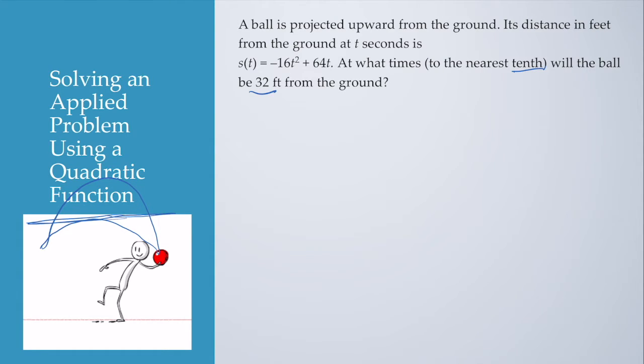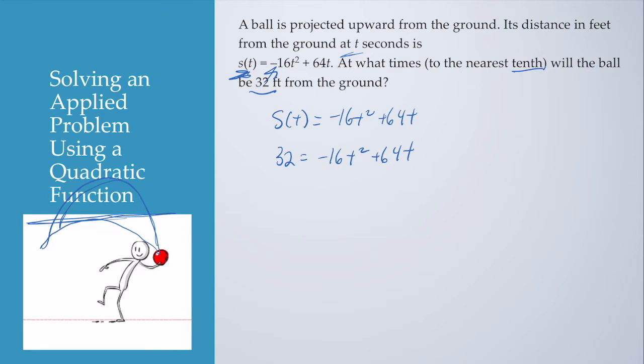So I have S of t is negative 16t squared, right? It's got a negative coefficient, so I know this parabola is opening upside down, plus 64t, where S of t is the distance from the ground at t seconds. So I'm going to take 32 equals negative 16t squared plus 64t.